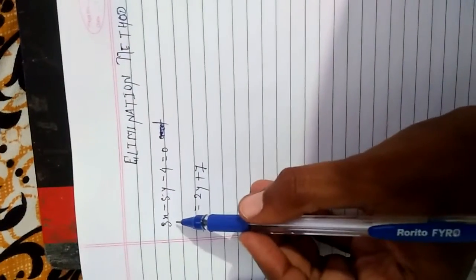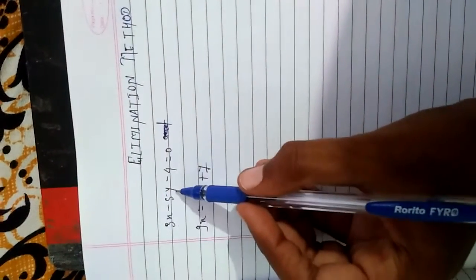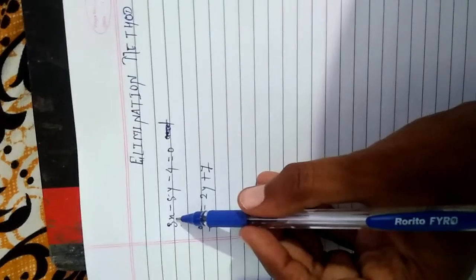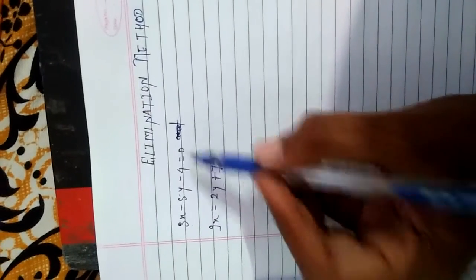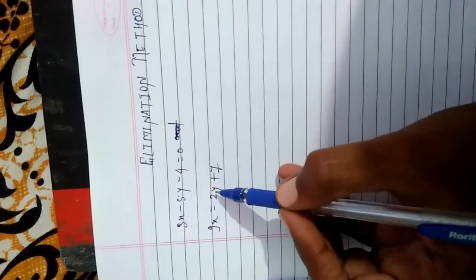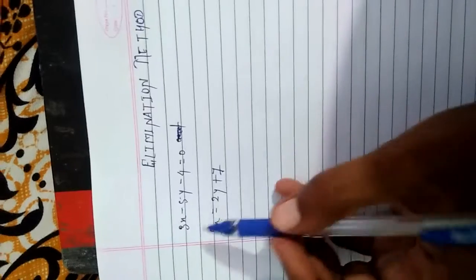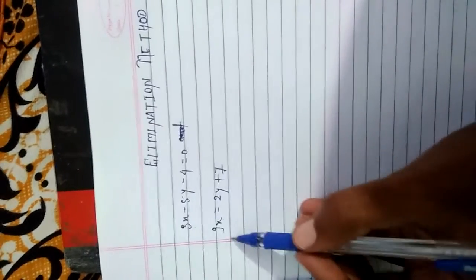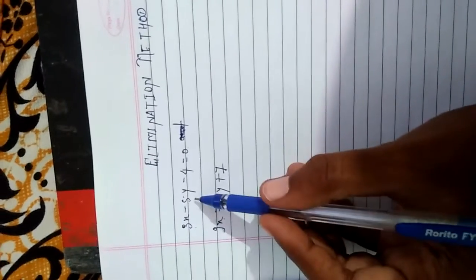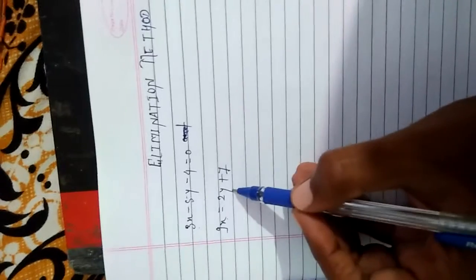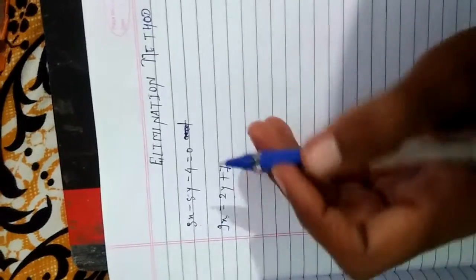So this is our pair of linear equations in two variables, 3x minus 5y minus 4 equals 0 and 9x equals 2y plus 7. First we have to take it in the same form. You can see here y is on the left hand side, but here 2y is on the right hand side.